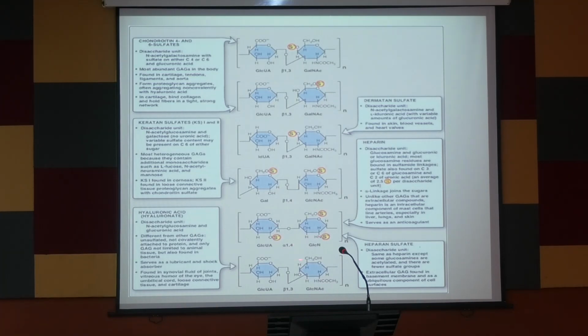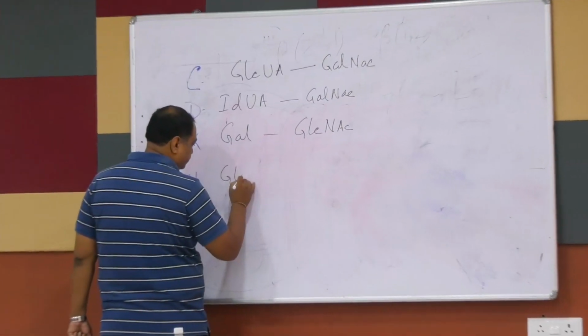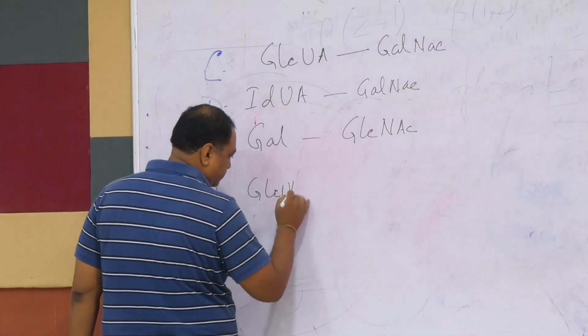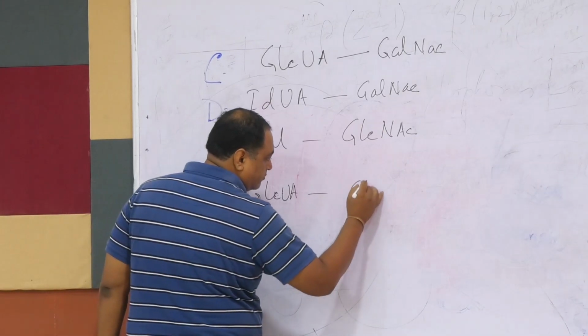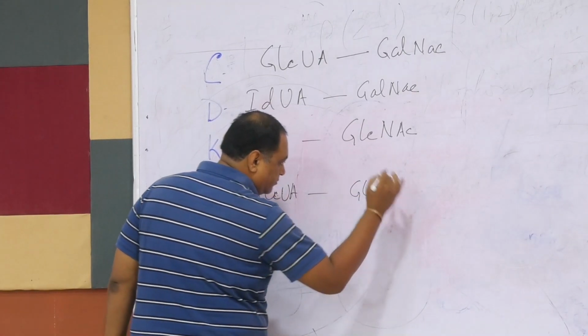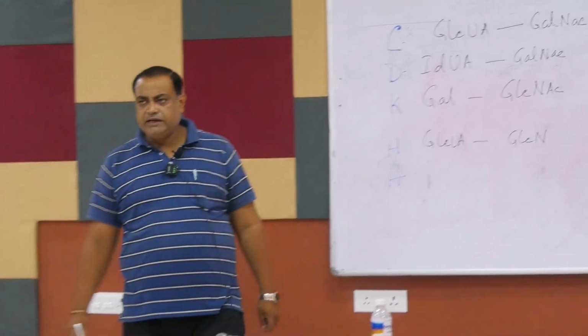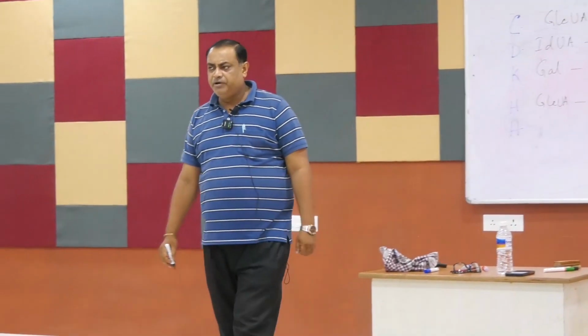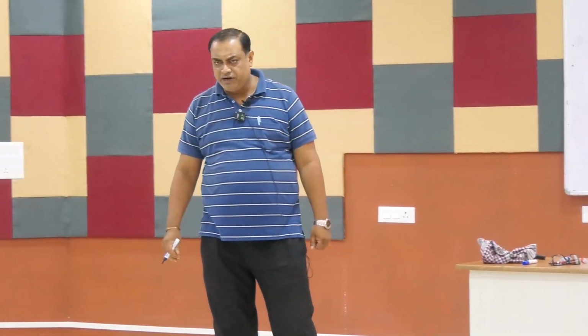Glucuronic acid and glucosamine, both are glucose types.